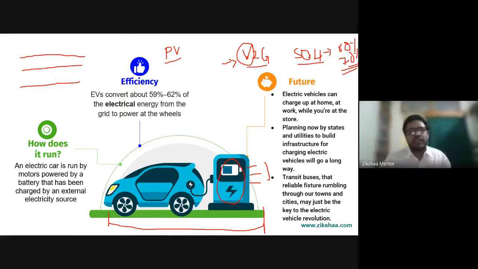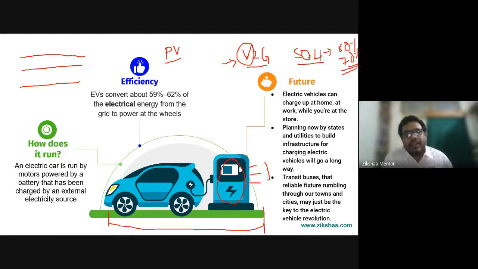Similarly, most of the people will charge at the same time throughout the night. So you need to have certain algorithms or optimization techniques so that you can handle that sudden increase in load in your power grids.